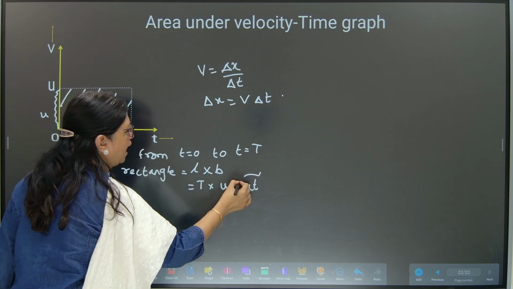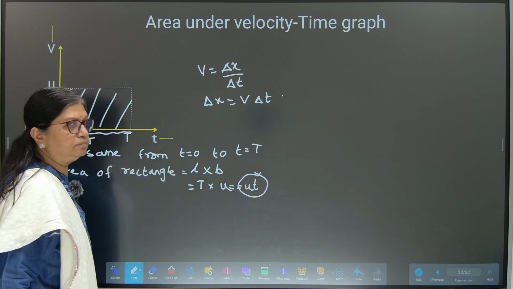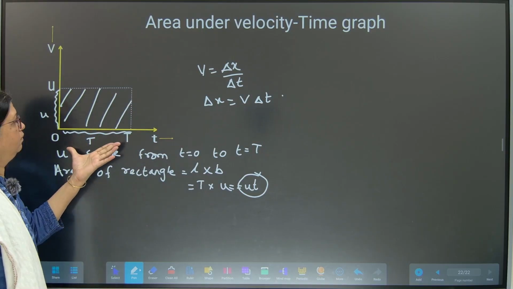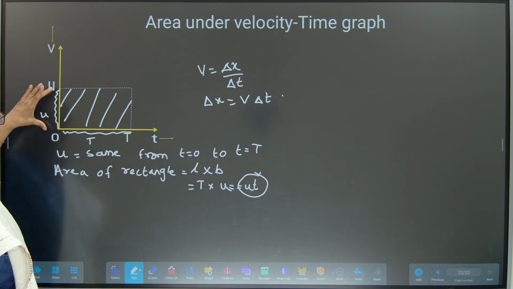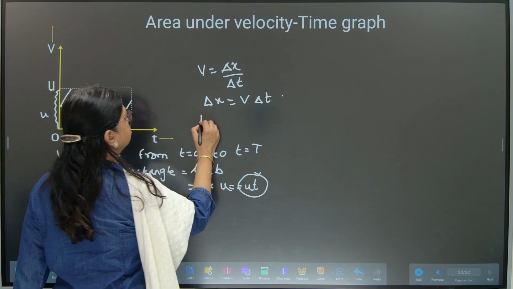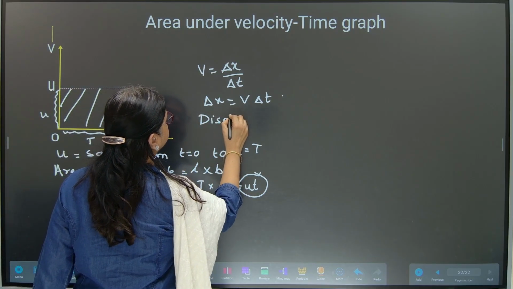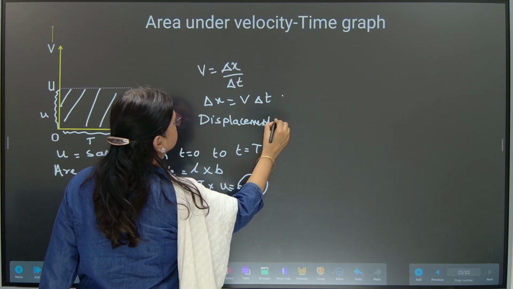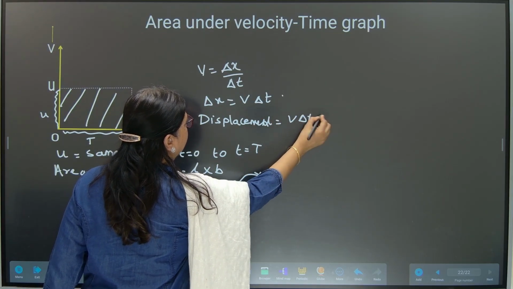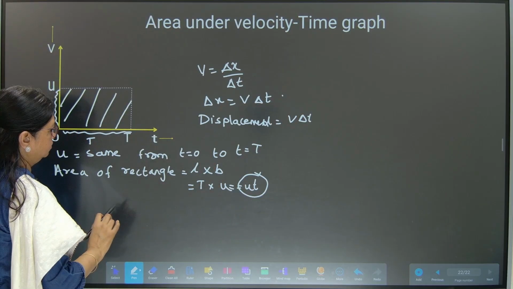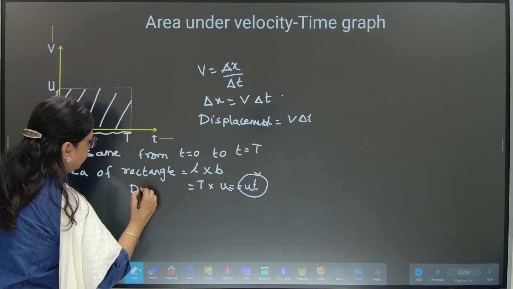That is what we have here: velocity u into time interval. So what is this delta x? Delta x is displacement, which is equal to v delta t. So this is also u into t, so this also should be displacement only.